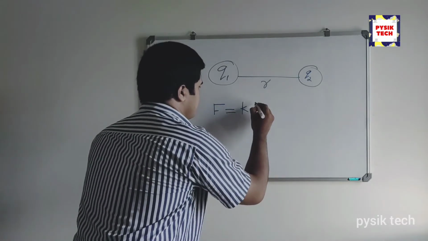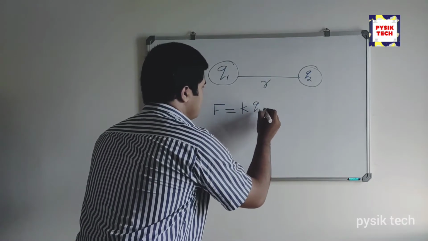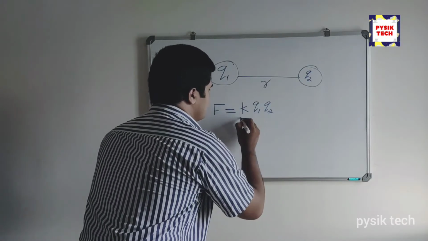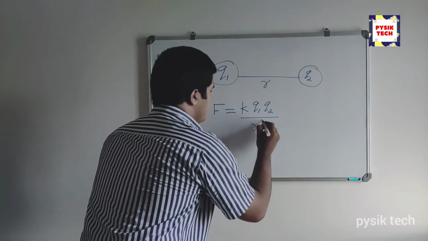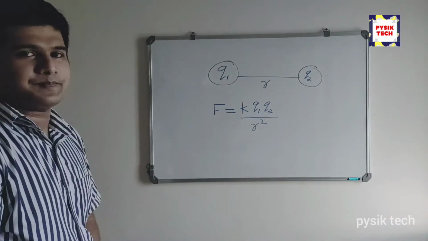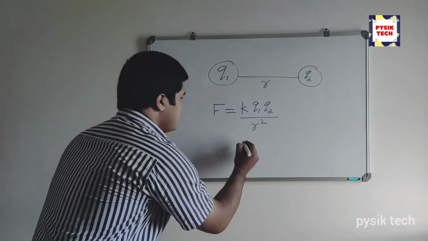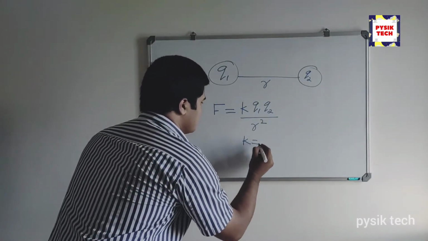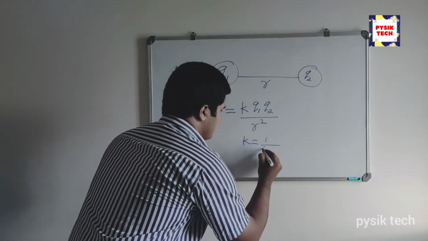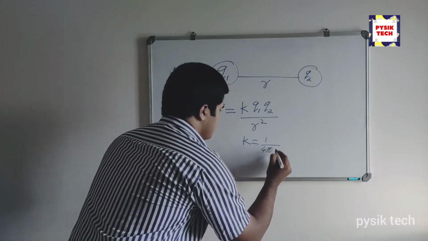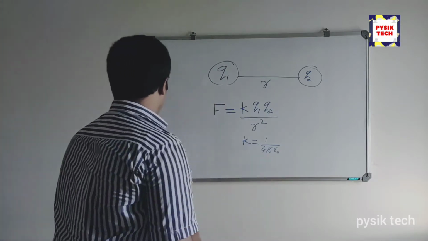K Q1 Q2 by r square, where K is equal to 1 by 4 pi epsilon 0.